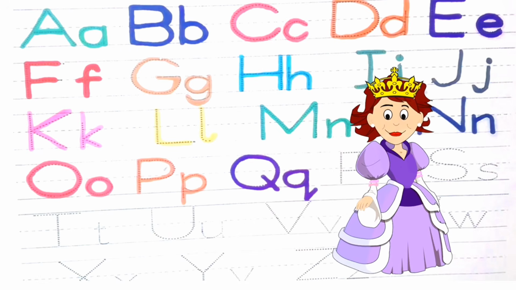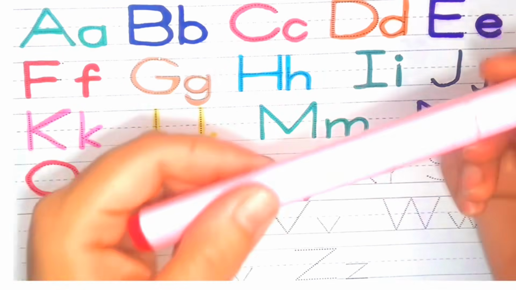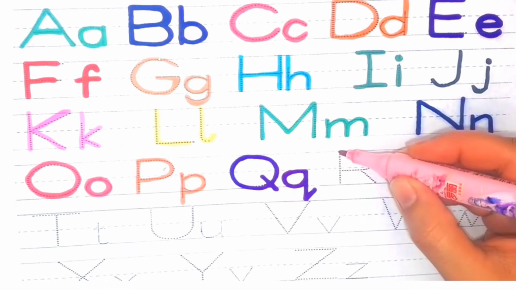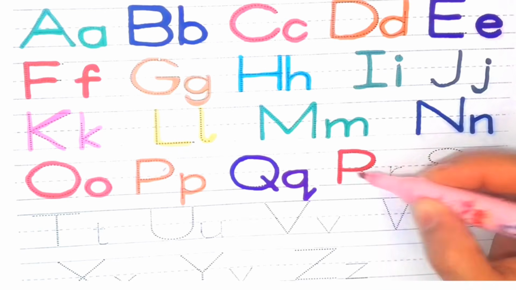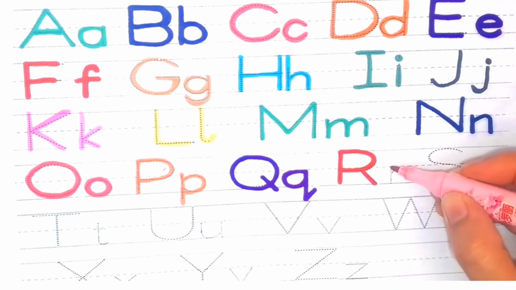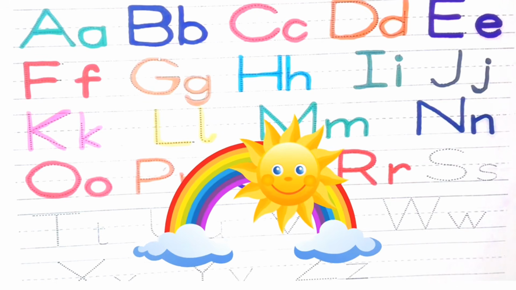Q for queen. Capital R. Small r. R for rainbow.